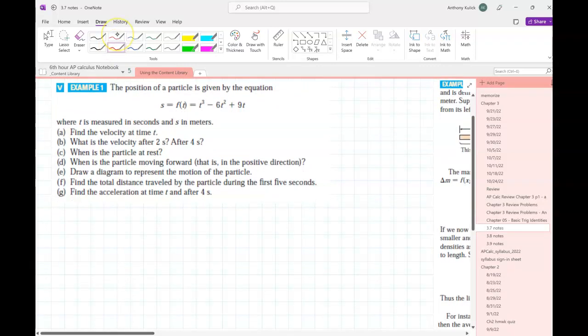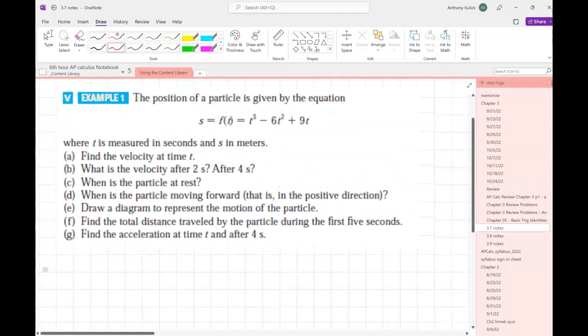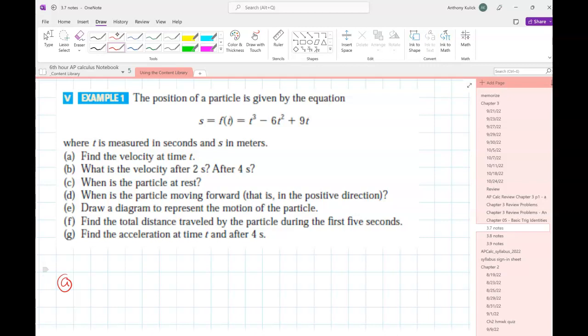So it says the position of a particle is given by the equation s equals f of t, which is equal to t cubed minus 6t squared plus 9t, where t is measured in seconds and s is measured in meters. Find the velocity at time t. Well, this sounds very much like a chapter 2 question, doesn't it?